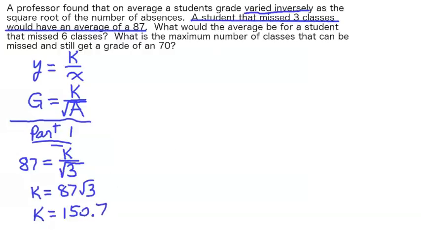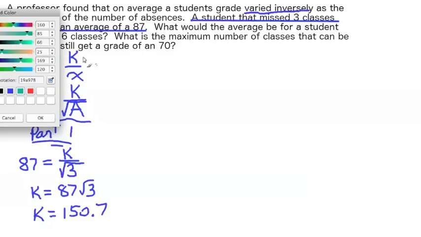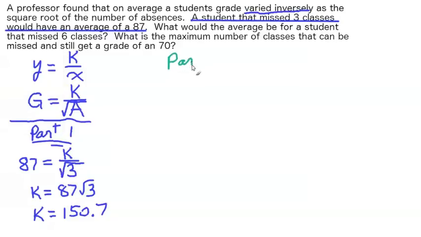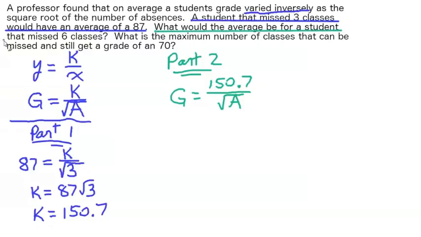Okay, now for part 2. Part 2 of the problem is going to be setting up our formula with k involved. So k is 150.7, divided by the square root of the absences. And the second part of the problem says what would be the average of a student that missed 6 classes.